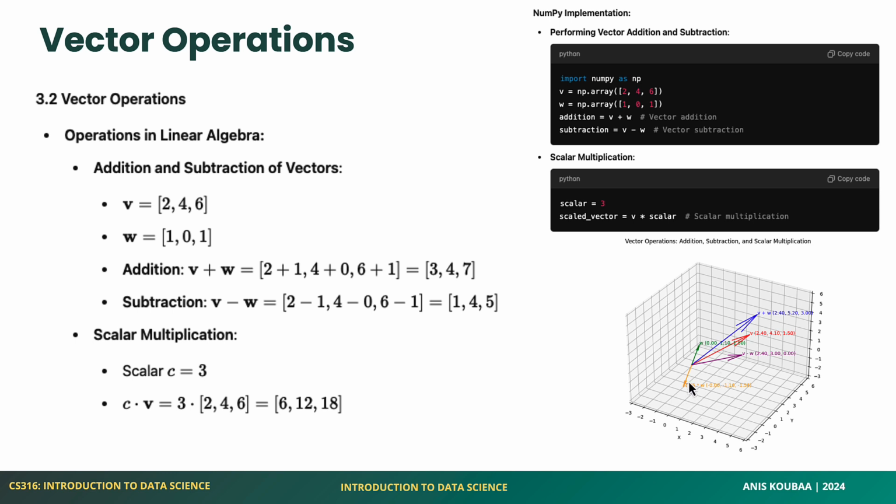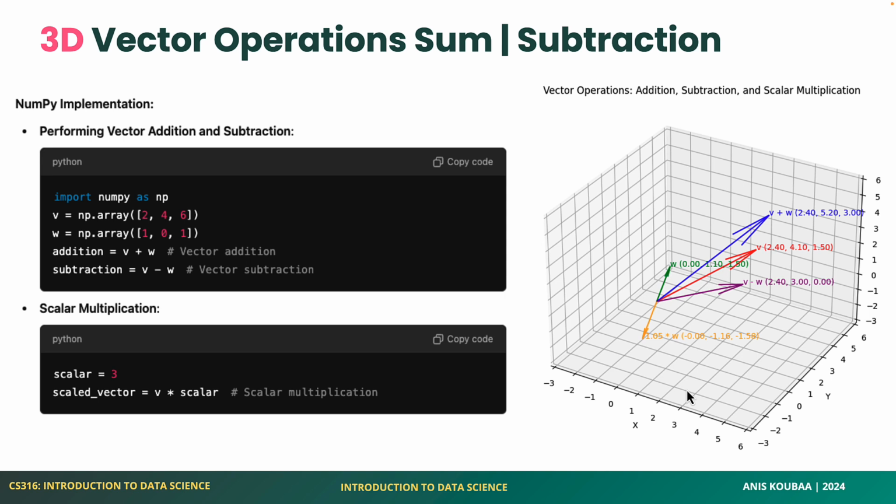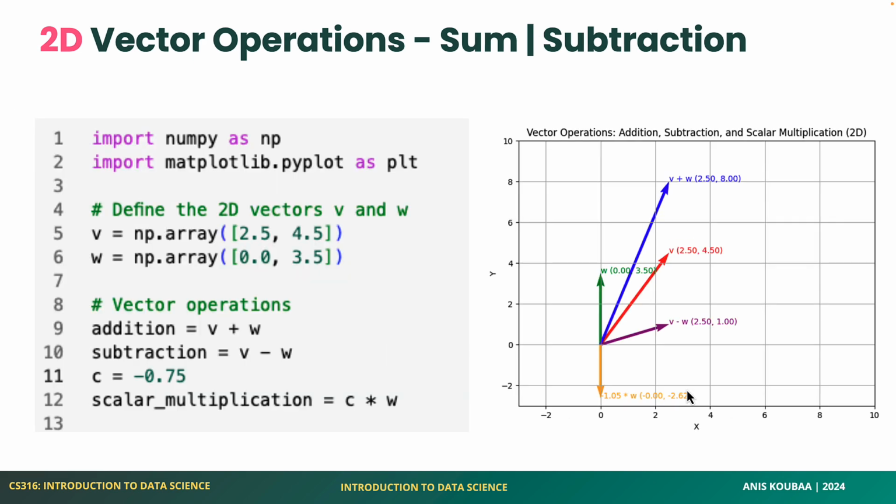And if we multiply by a negative value, we're going to have the opposite direction of w. This is just the same example showing the different operations: the sum, subtraction, and multiplication by a scalar. And this is a similar example in two dimensions. We have the vector w, we have the vector v. This is the sum, this is the difference, and this is multiplied by a negative scalar value.